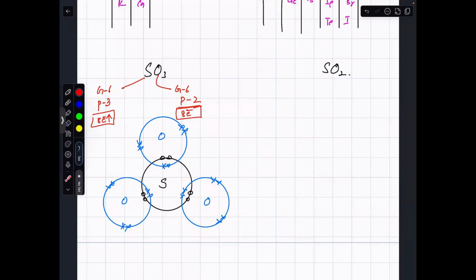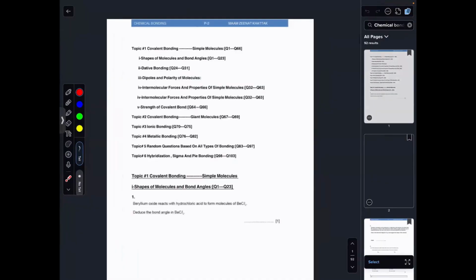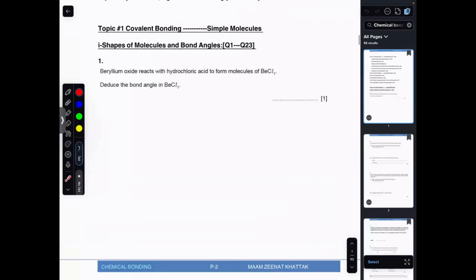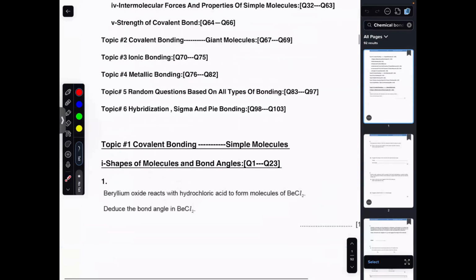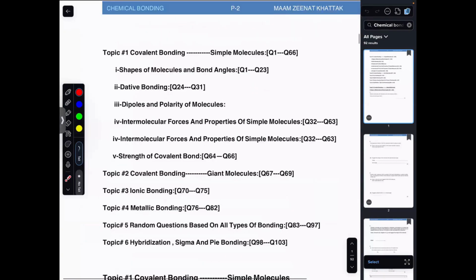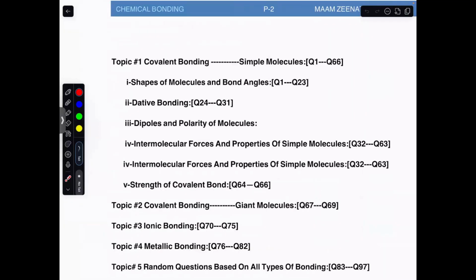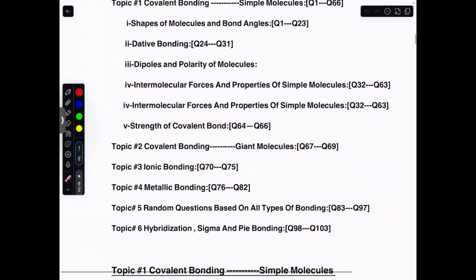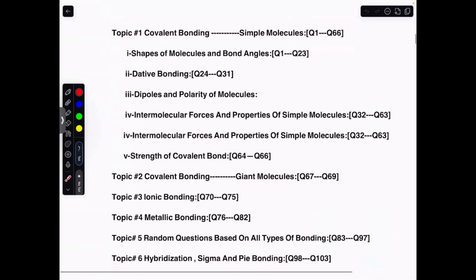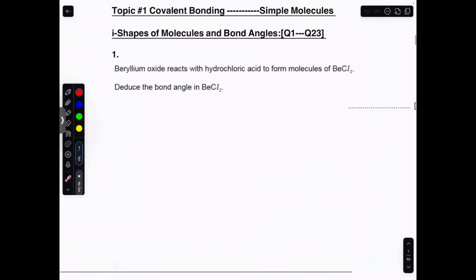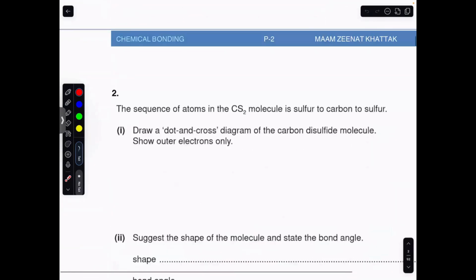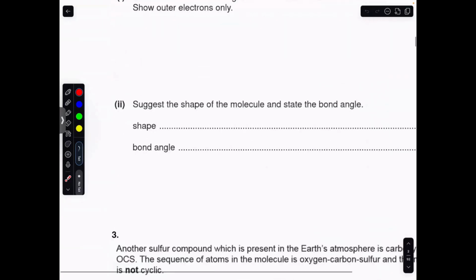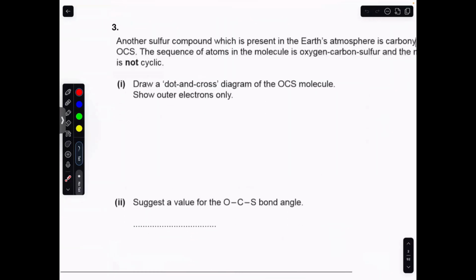One thing I want to share with you people. In the topical, you will find this topical on my website. The first 23 questions are on shapes of molecules and angles. The first one is beryllium chloride, linear. Then CS2, again linear. Then OCS, again linear.